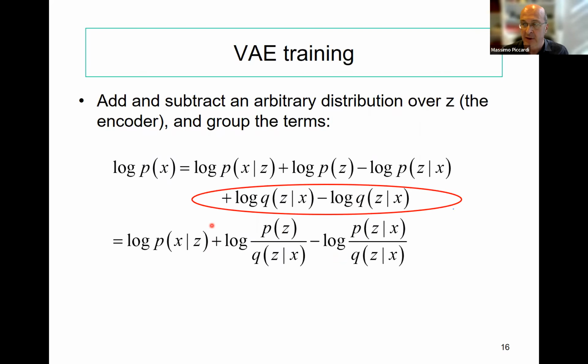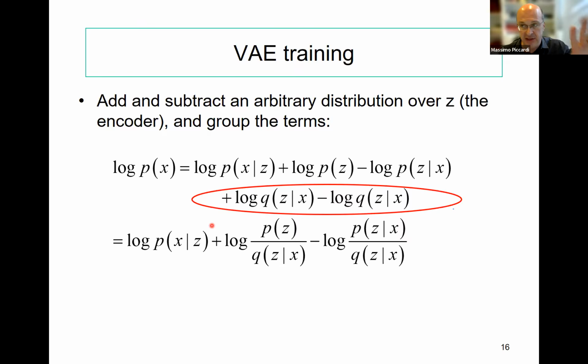The next step is to compute an expectation in Z, using as probability Q of Z given X, of both the left-hand side and the right-hand side of this equation. First, the left-hand side. The left-hand side is a probability of X, which doesn't depend on Z. So when you compute an expectation of a quantity that doesn't depend on the expecting probability, it remains the same.